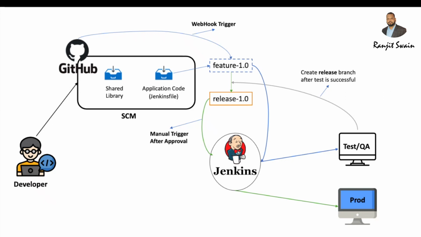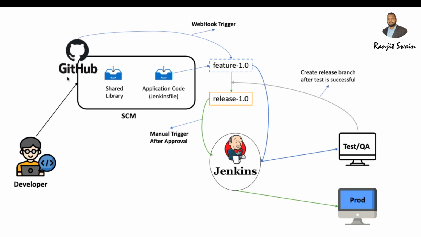So in this particular project, the repository we are getting from the development people, that repository we are going to use to put our Jenkinsfile. So we'll keep our Jenkinsfile there, and from that repository we'll trigger the build.